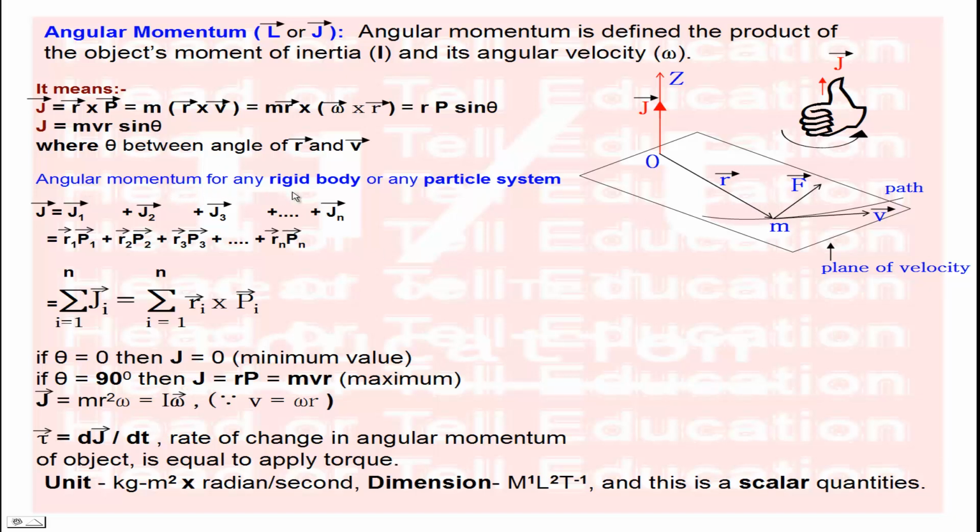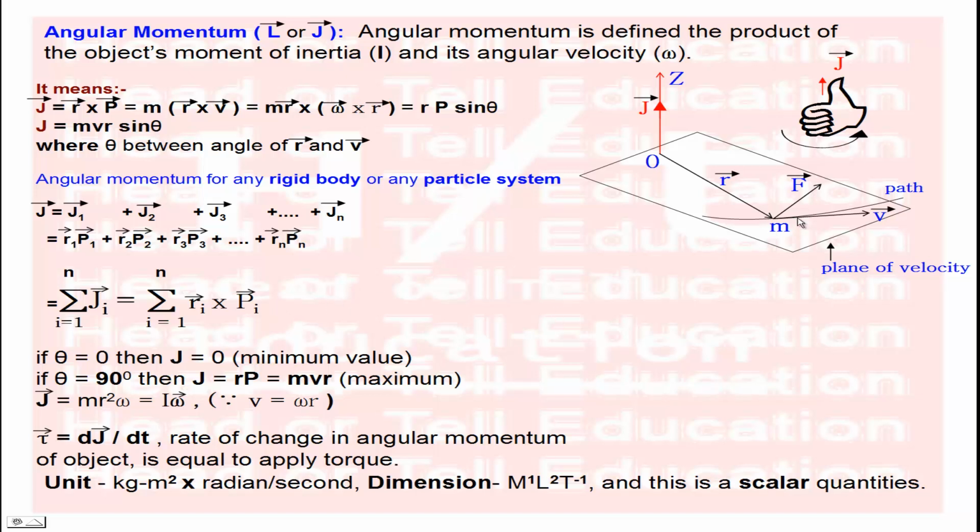Angular momentum for any rigid body or particle system is J equals J1 plus J2 plus J3 and so on up to Jn, which equals R1 P1 plus R2 P2 plus R3 P3 and so on up to Rn Pn, equal to the summation from i equals 1 to n of Ji, which equals the summation of Ri multiplied by Pi.